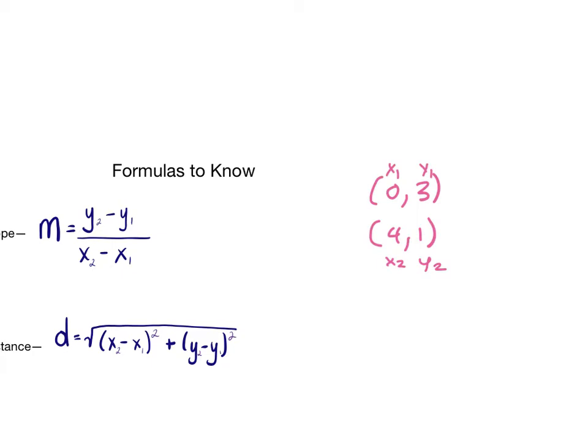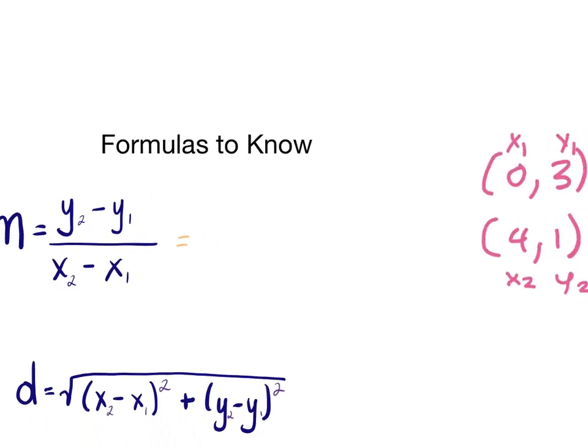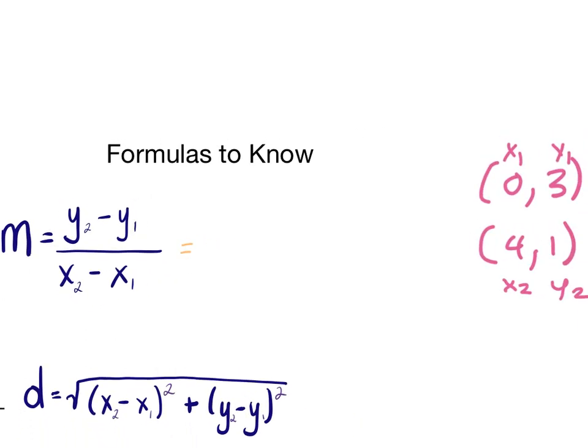So now I'm just going to take these numbers and plug them into our slope formula to find the slope. So we have our y2 is 1, our y1 is 3, so we have 1 minus 3 on top. Our x2 is 4 minus our x1, which is 0.